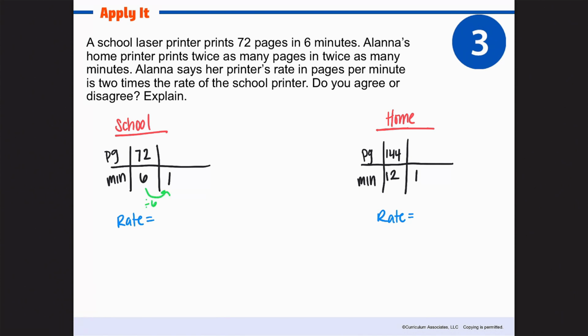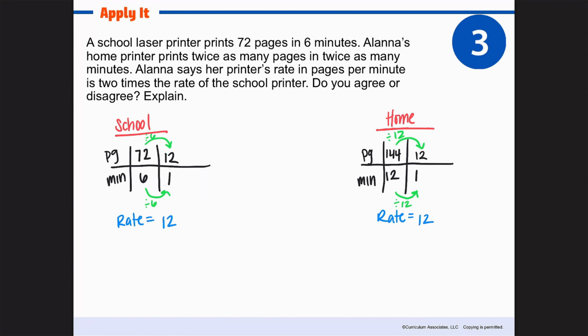I'm going to divide by 6 here and divide by 6 here. 6 goes into 72 12 times. And this one over here, we're going to do the same thing. Divide by 12 to get 1. Divide by 12 to get, what do you know? 12. Our rate for both of them is 12.